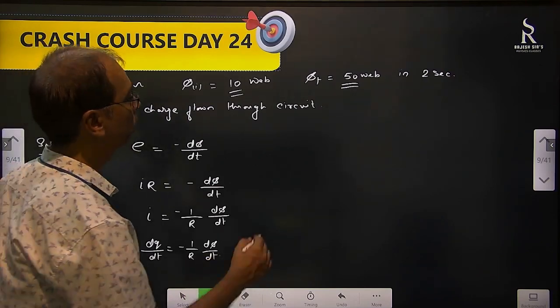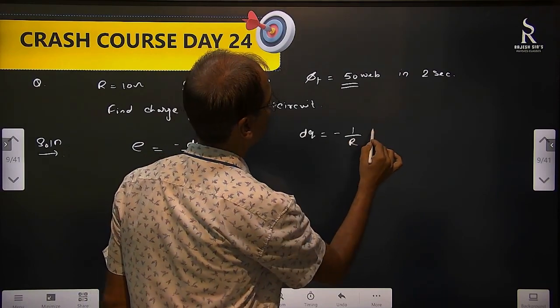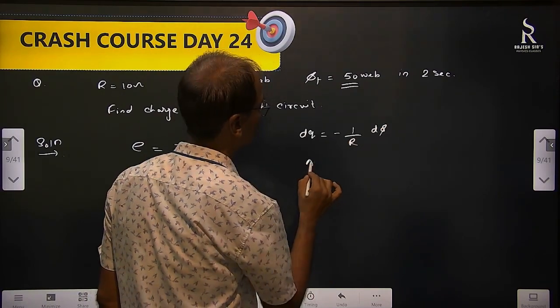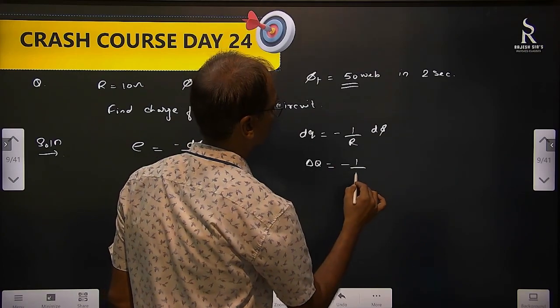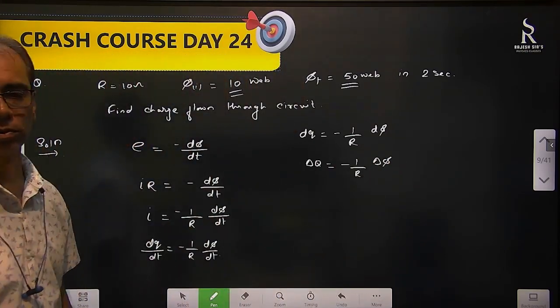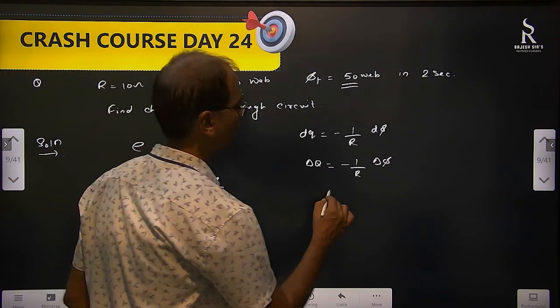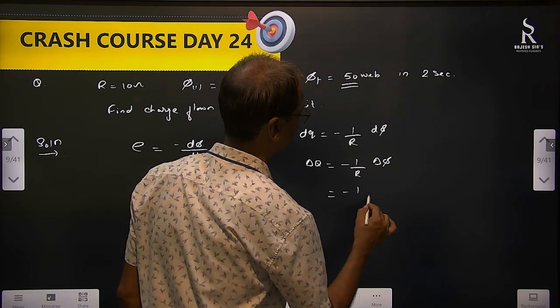So dq equals minus 1 by R d phi, or delta q equals minus 1 by R delta phi. Now what is given to us? This resistance is 10, so 1 by 10.